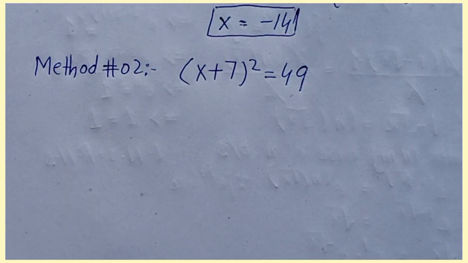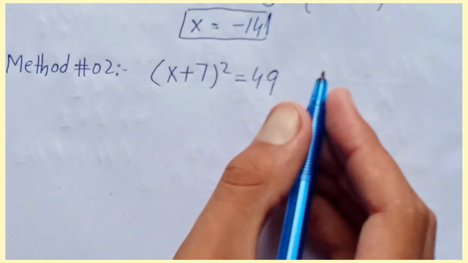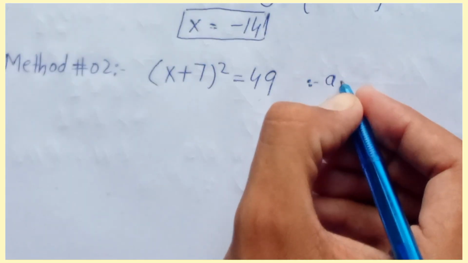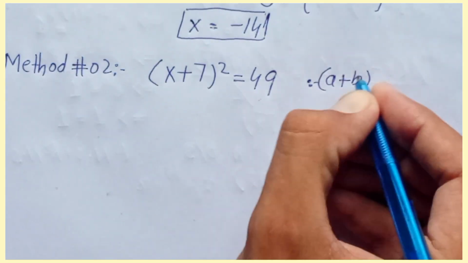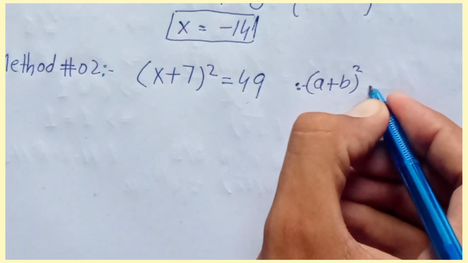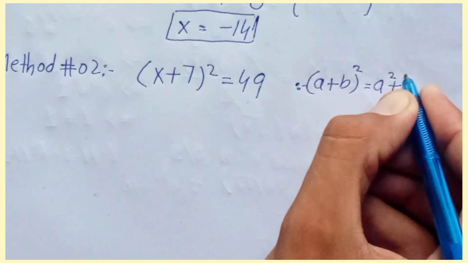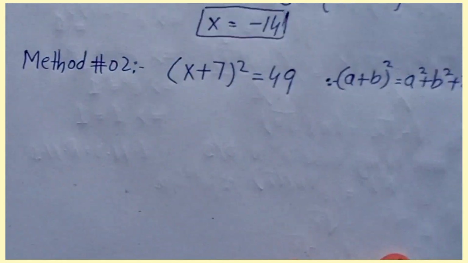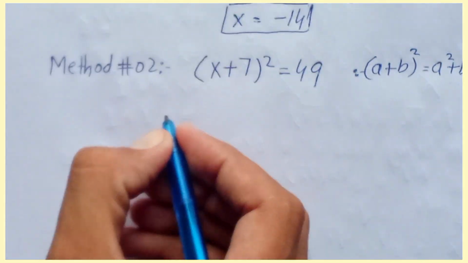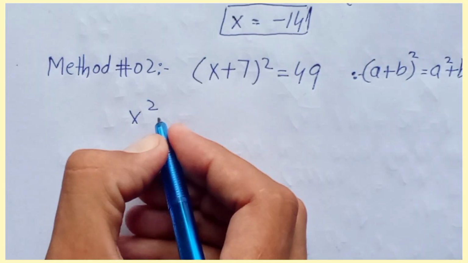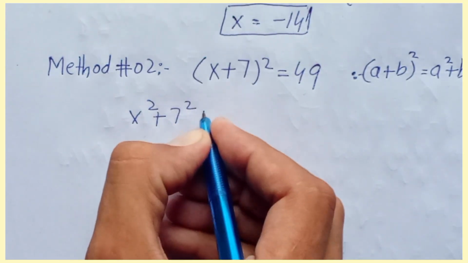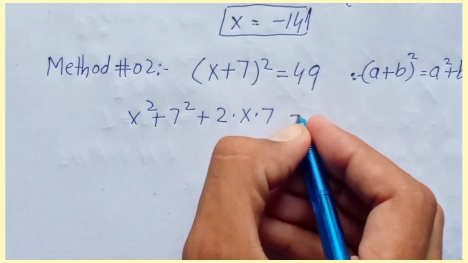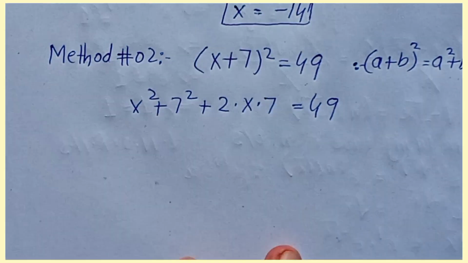We know the formula (a plus b) to the whole square, which is a square plus b square plus 2ab. So I can write x square plus 7 square plus 2 into x into 7 is equal to 49.